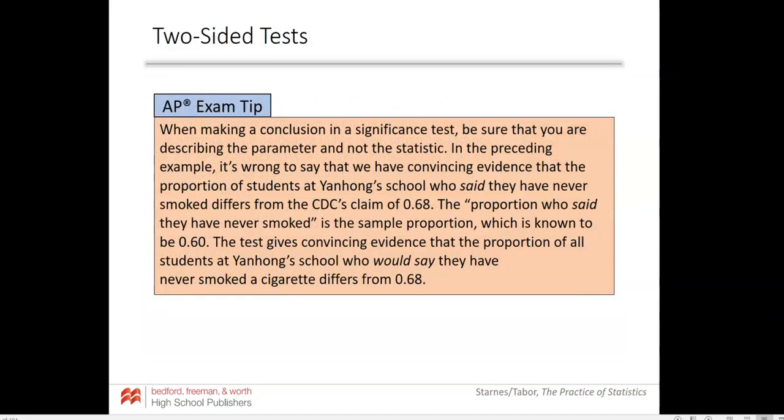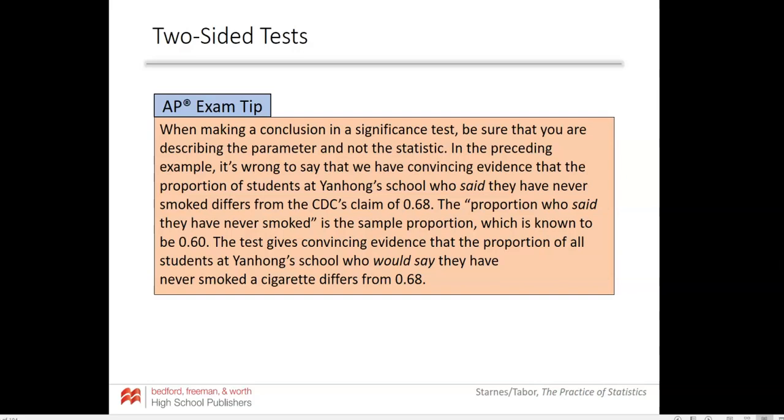Boy, this is a detail that only a St. Mary's student would fully appreciate here. So y'all are so good at English, and so just the way you say this, you have to be careful. If you say it wrong, like if you said that we have convincing evidence the proportion of students at our school who said they have never smoked differs from the CDC claim, that's not proper.